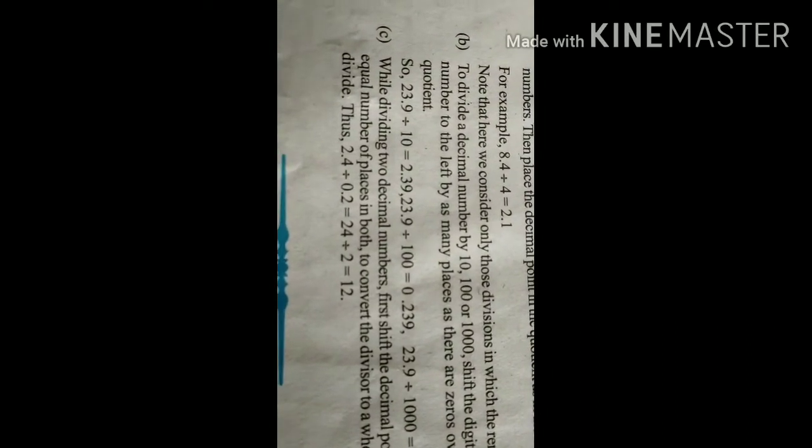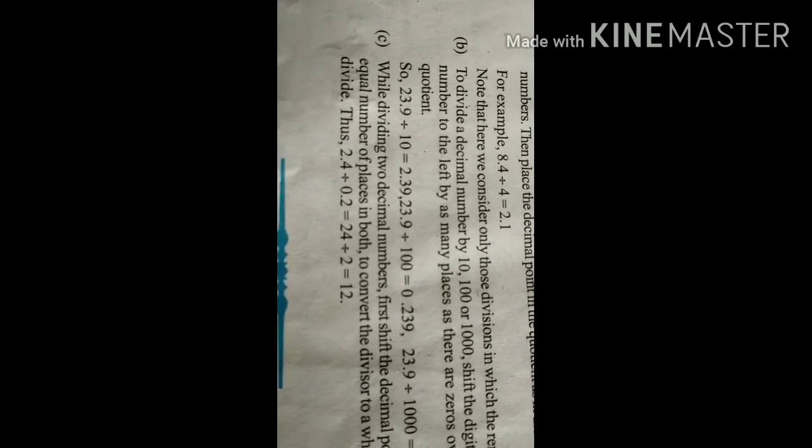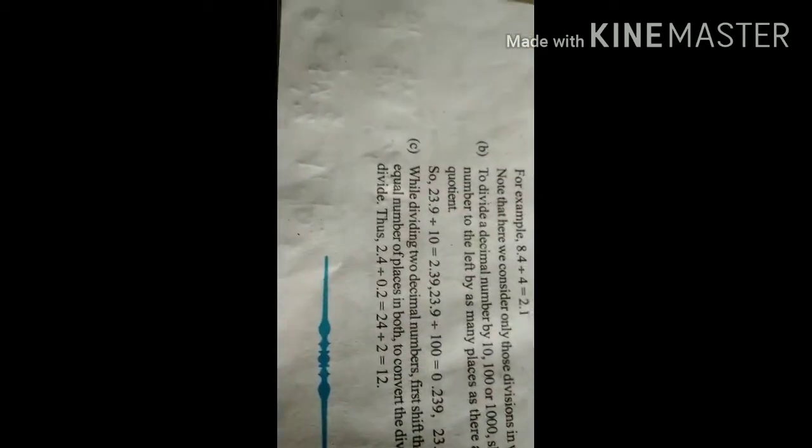That means the decimal point will move 1 place to the left. Understood? Here how many places does it have to move? 1 place. That means it will become 2.39.